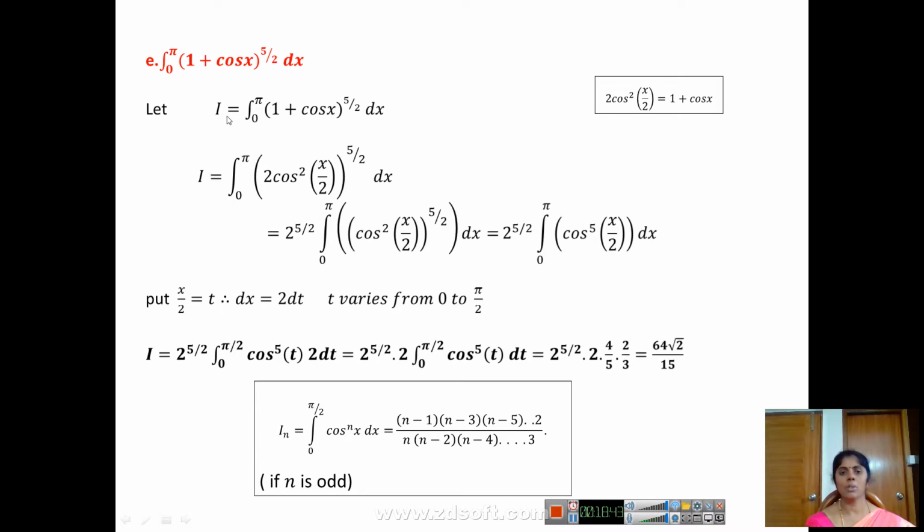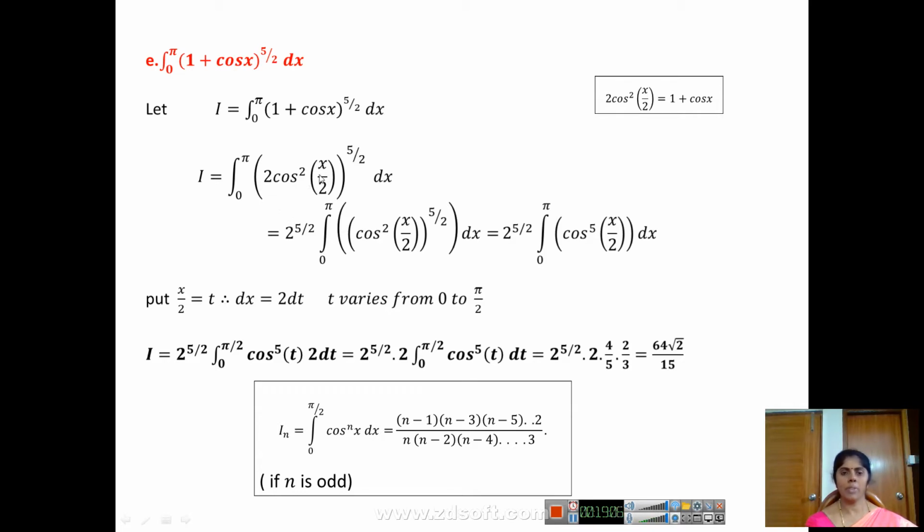So let I equal the integral 0 to pi of (1 plus cos x) whole raised to 5 by 2 dx. This 1 plus cos x can be written as 2 times cos square of x by 2 whole raised to 5 by 2 into dx.